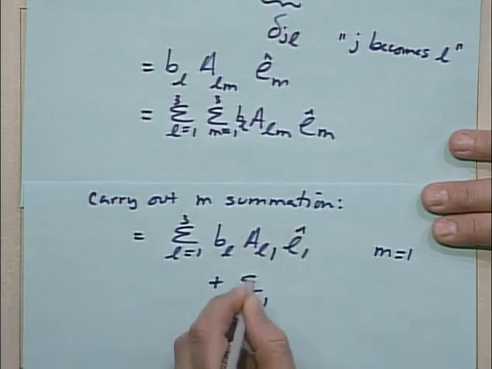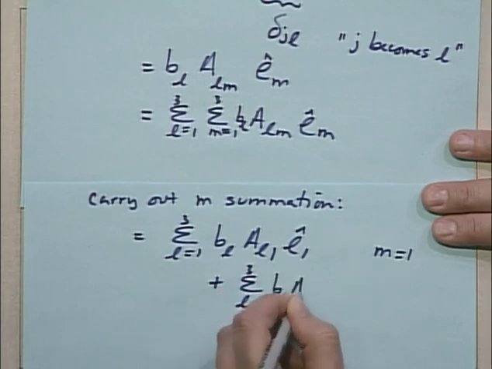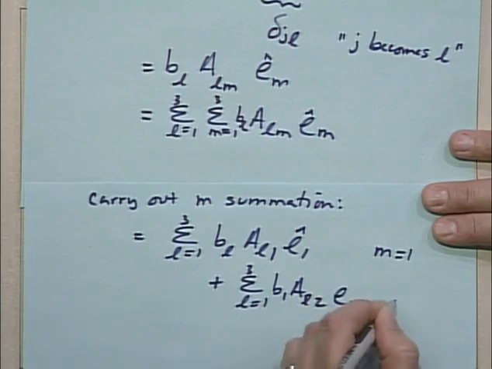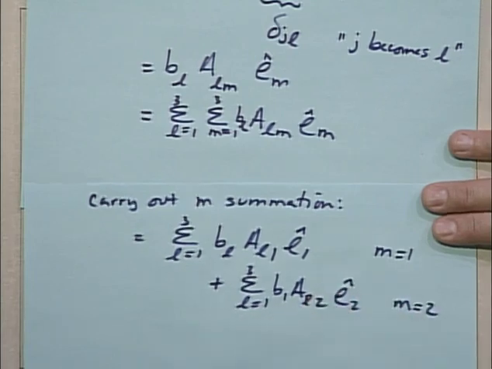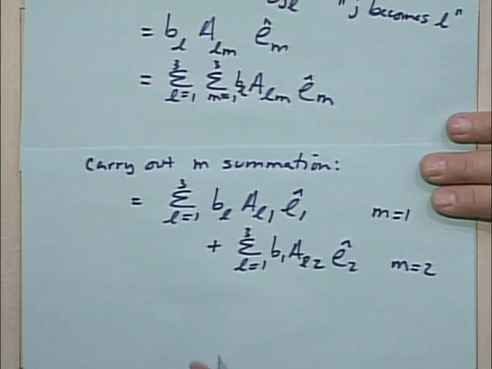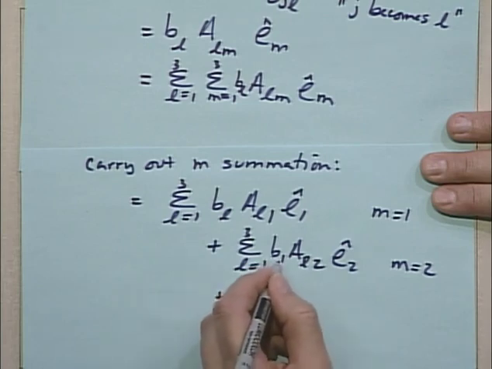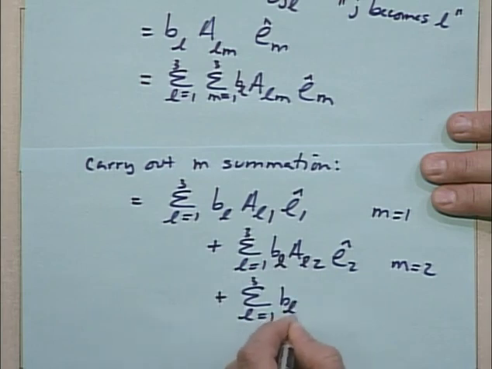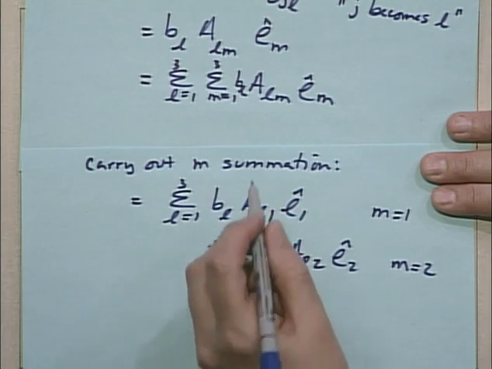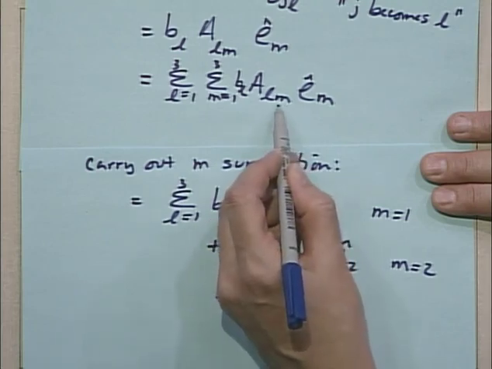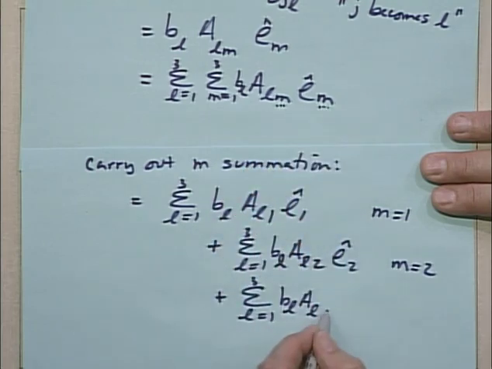Summation L equals 1 to 3 BL AL2 E2, plus summation L equals 1 to 3 BL, this has to be an L, that's why I have to be a little careful with my Ls and my 1s. BL AL. Remember, I'm doing the M summation. All right, M is now 3.